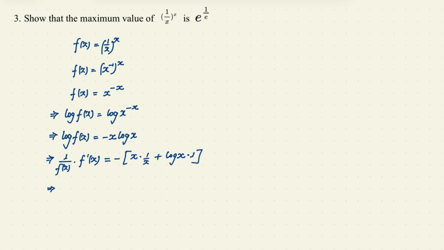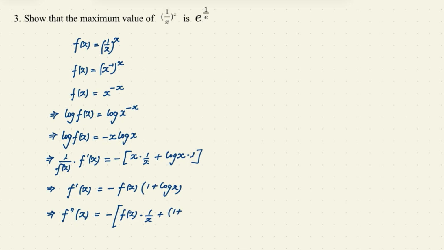That means the value of f dash of x will be equal to minus f of x into (1 plus log of x). Now let us again differentiate both sides with respect to x. Then we will have f double dash of x equals minus, let us use the product rule again, let us keep f of x and differentiate 1 plus log x, then it will be 1 by x, plus keeping 1 plus log x first and differentiating f of x, I'll get f dash of x.